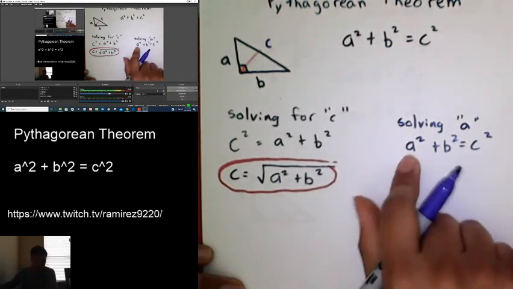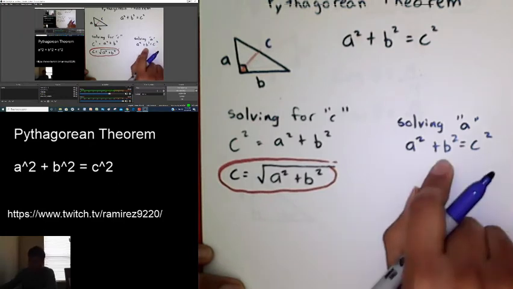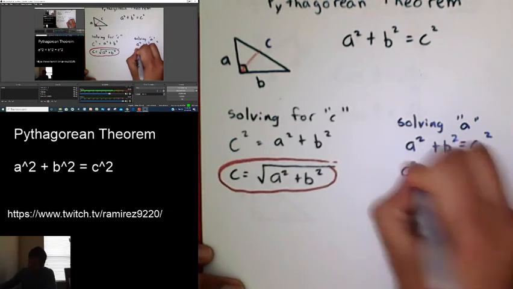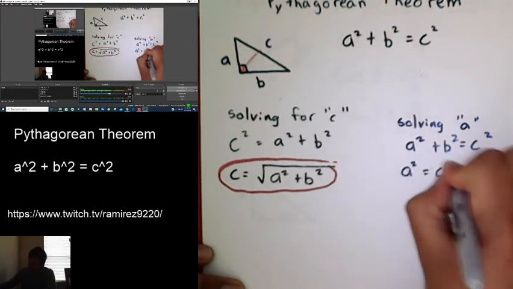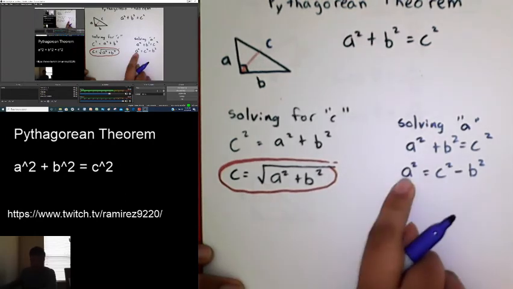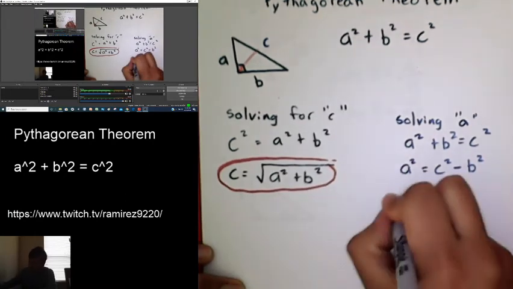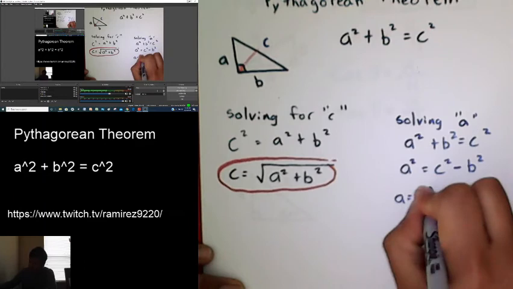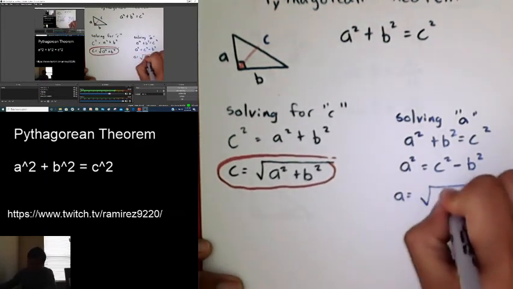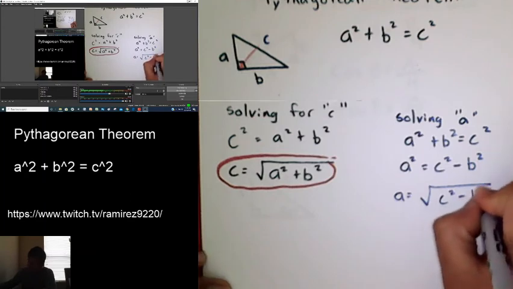So anything that's not an a, I'm going to move to the other side. In this case, I'm going to move it by subtracting. So this becomes a squared is equal to c squared minus b squared. And once again, to get rid of the square, I do a square root. And so a is equal to the square root of c squared minus b squared.